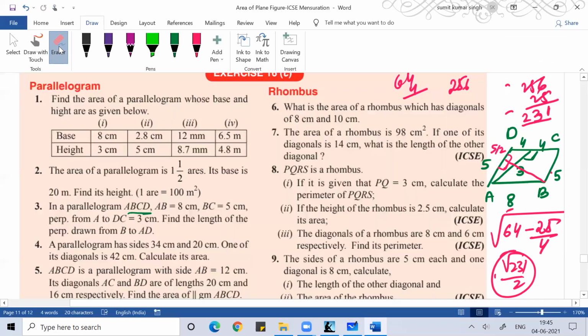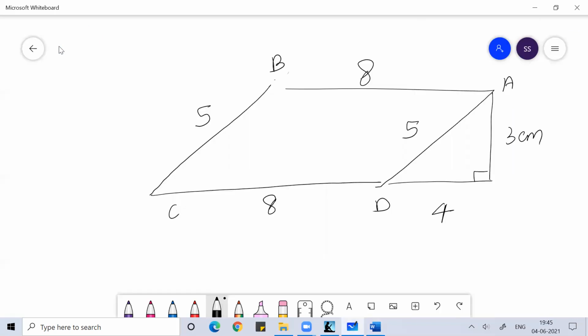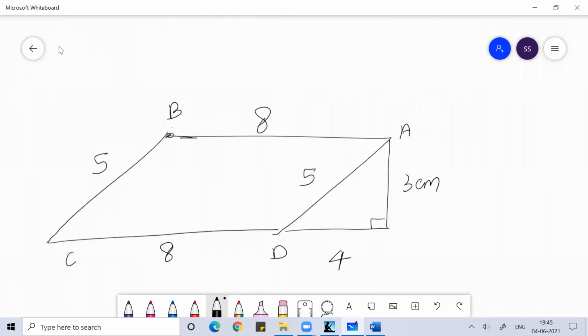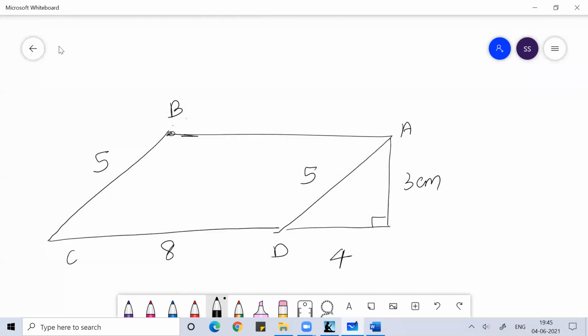Fine. Now I'm asking you, what is the length of the perpendicular drawn from B to AD? How will I draw the perpendicular from B to AD? Somewhat like this, if I'm not wrong.